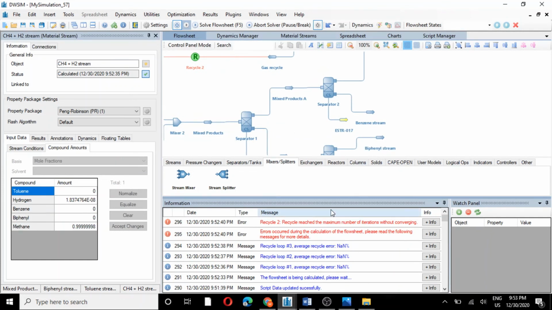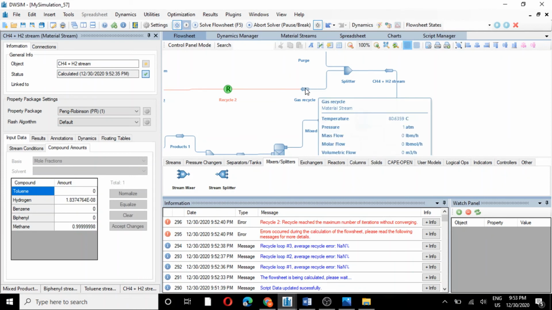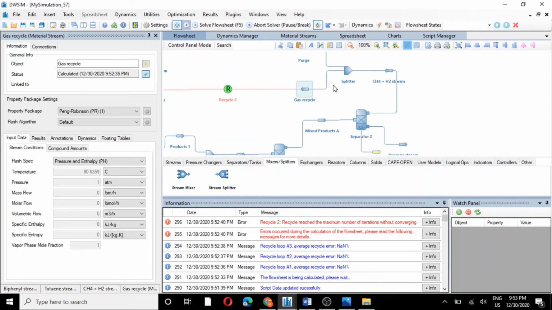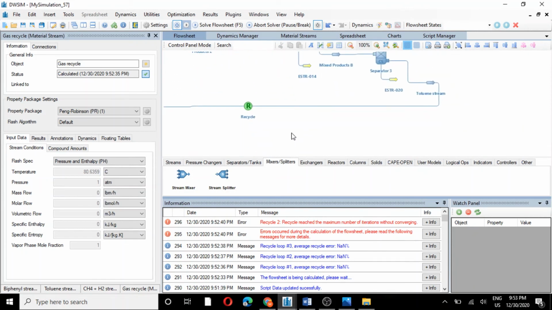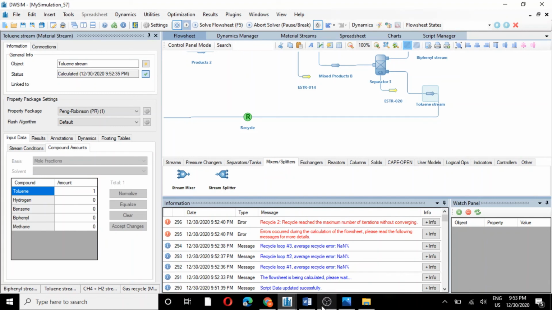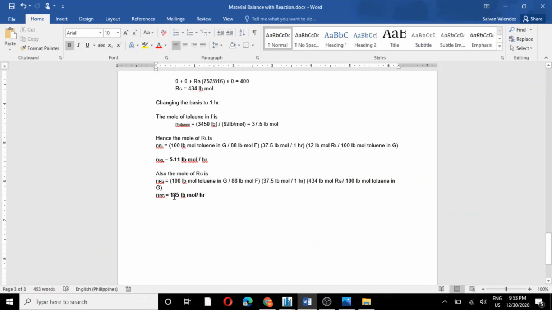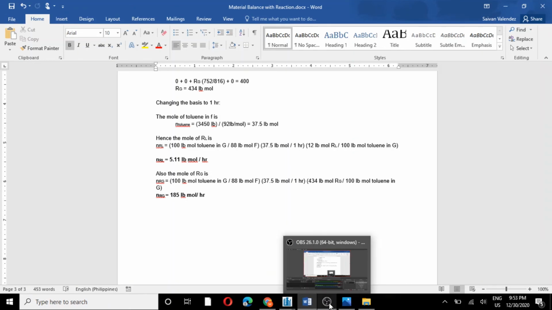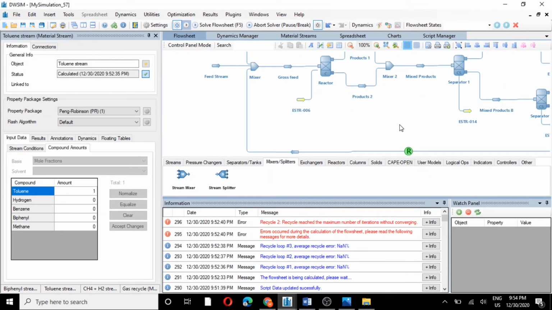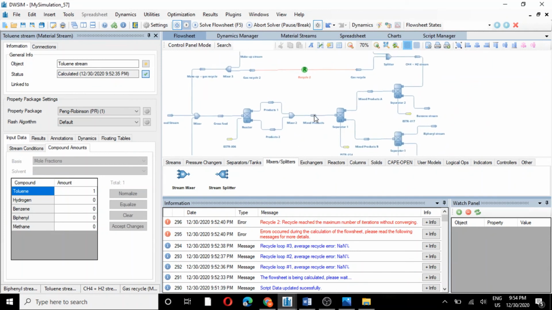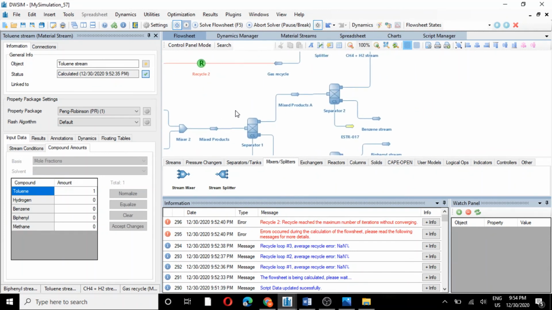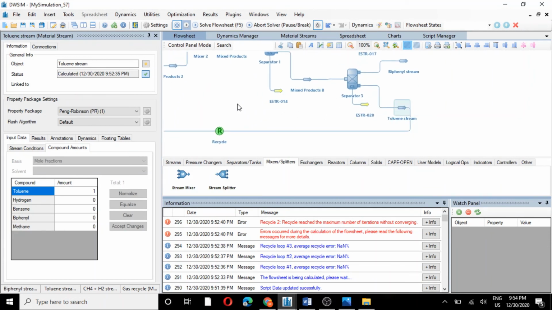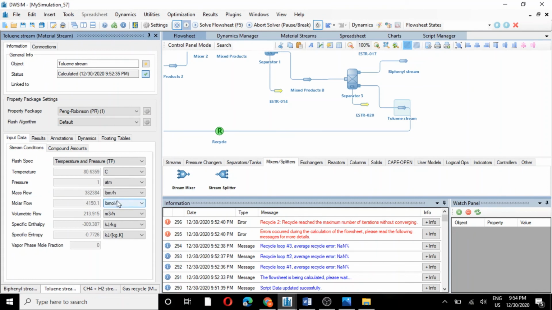Since in our manual process of solving, the gas recycle should enter at 185 pound-mole per hour, and the liquid recycle should enter at 5.11 pound-mole per hour, we have to check the toluene, since in here we have 4,150.